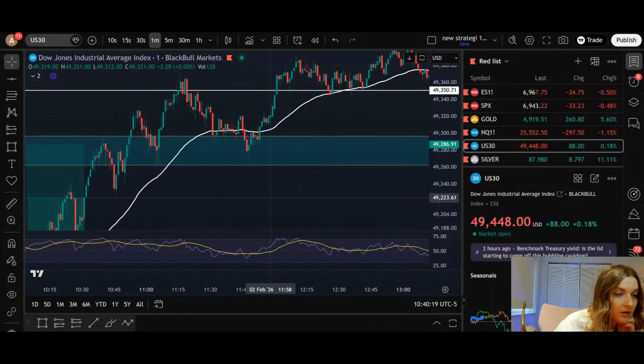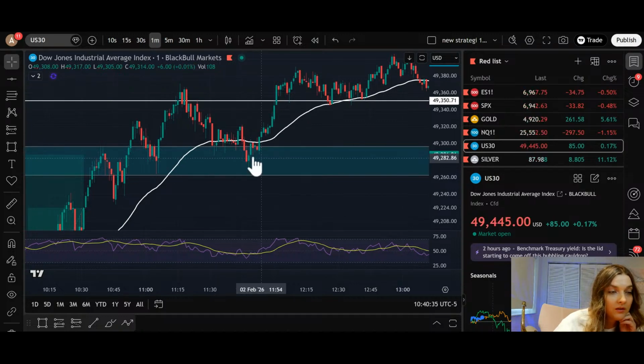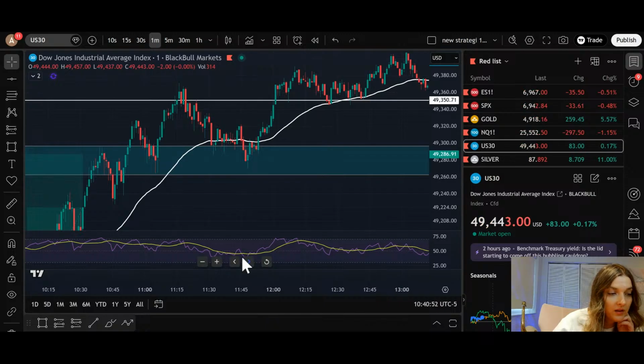Okay, so here you take these two, right? So you can see this is lower. This right here is definitely higher than this right here, right? Definitely on a chart. But when you go to RSI, this right here is definitely lower than this right here.